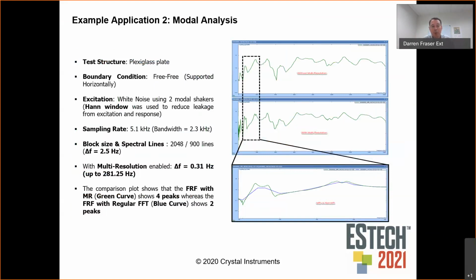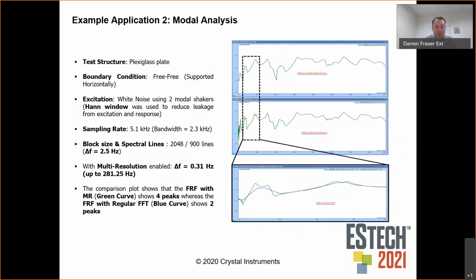We're using dual modal shakers, and we're lowering the sampling rate a little bit to 5.1 kilohertz with a bandwidth of 2.3 kilohertz. The reason for that is simply because the plexiglass plate is a more highly damped structure than the steel plate. So there's just not going to be a lot going on out at the higher frequencies. And again, the lower frequencies are what we're interested in.